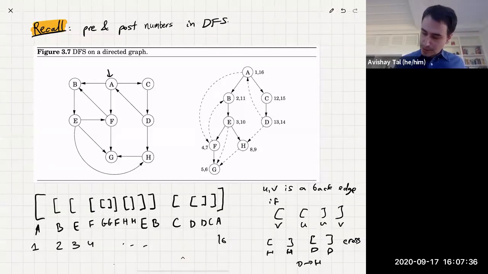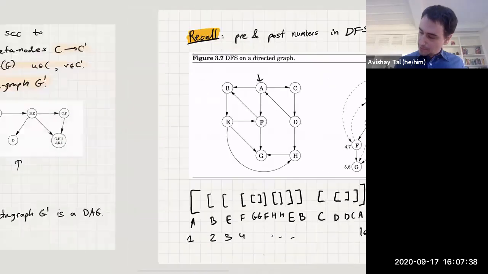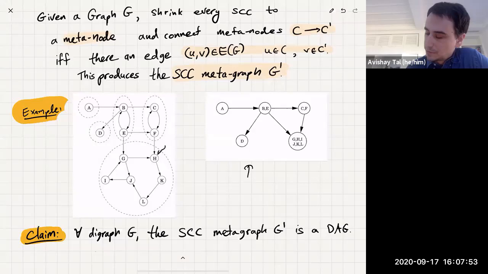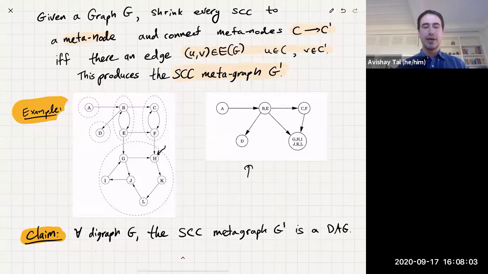All right, so let's go back to maybe this example. So let's say that we want to find the strongly connected components, right? It would be very nice if we can start a DFS from this node, right? If we start a DFS from the node H, then what will be revealed during the DFS from H?